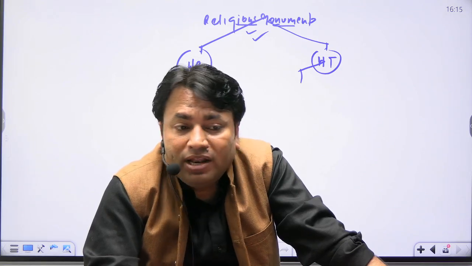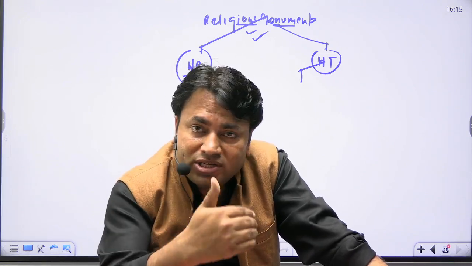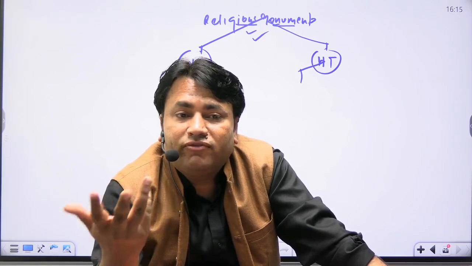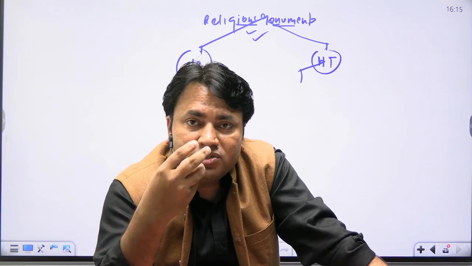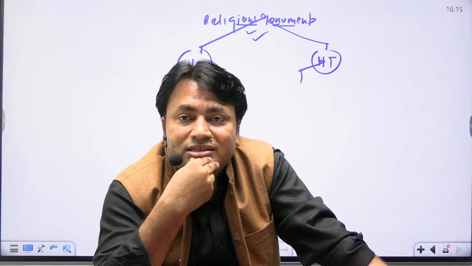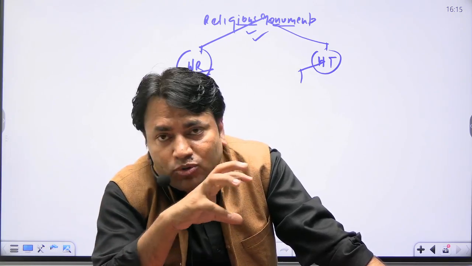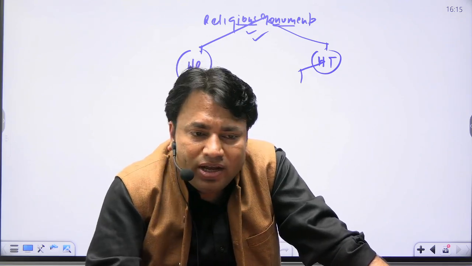Then we see the Pallavas. The Pallavas also started the construction of temples, but initially it was in rock cut fashion. For example, the most famous temple of the Pallavas is the Ratha temple at Mahabalipuram. Then at the time of the Cholas, huge temples were constructed.